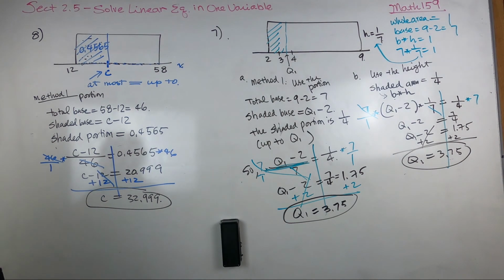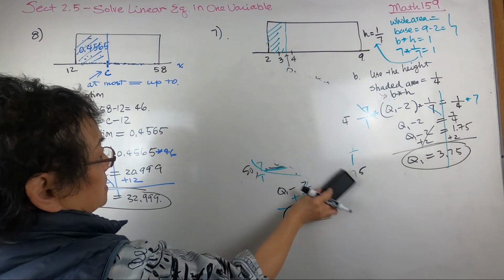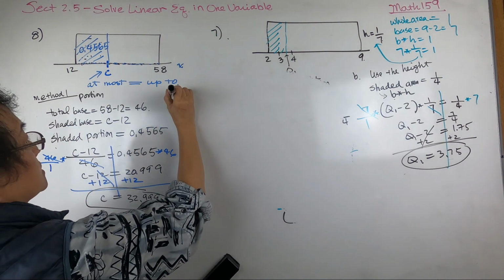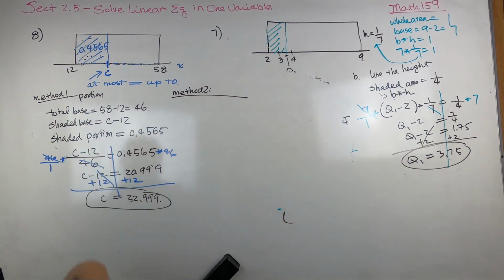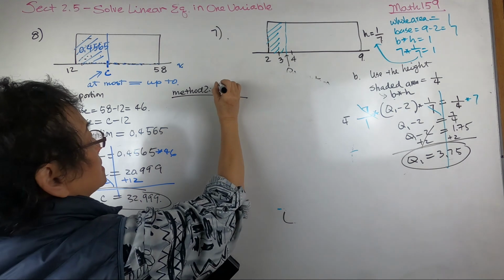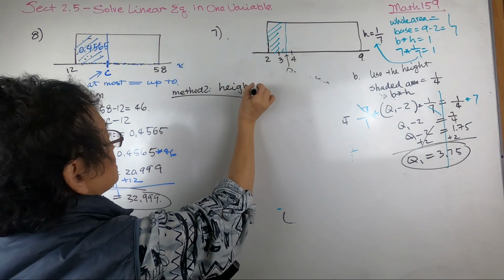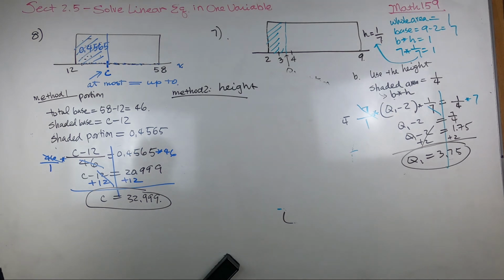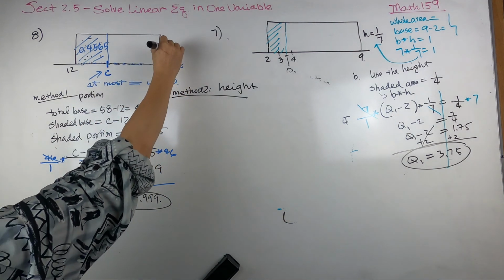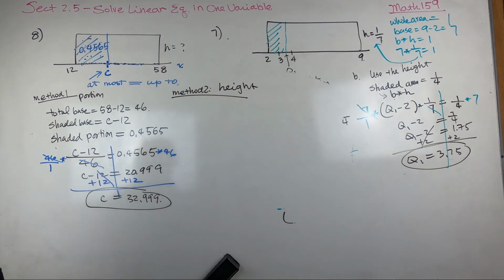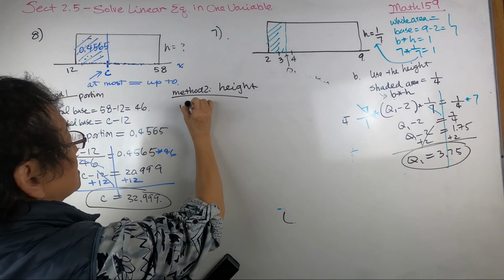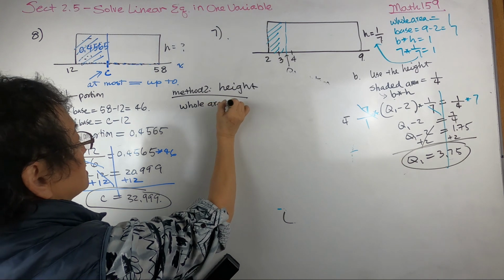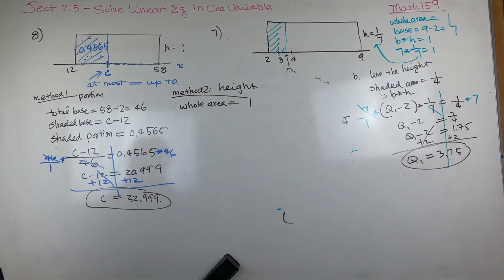Okay, in your homework, you will use method 2. You can get a final answer just using method 1. Method 2 will ask you for the height, right? So what do you think your height is? For the whole area, the whole area is 1, right?